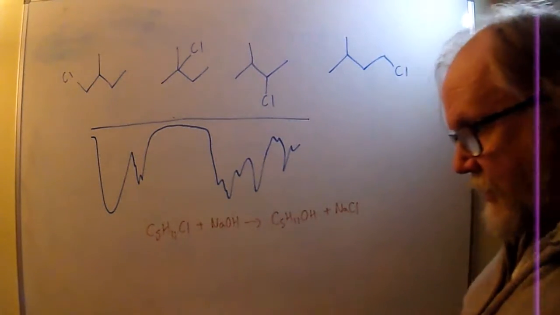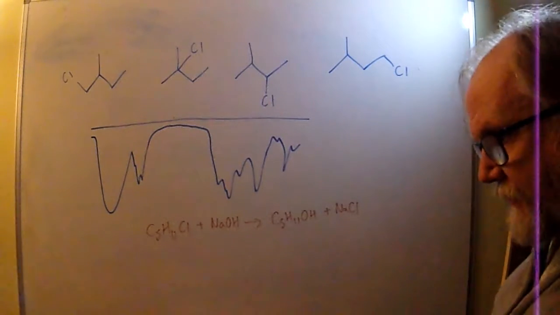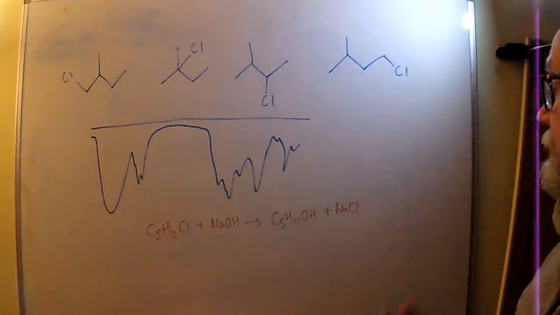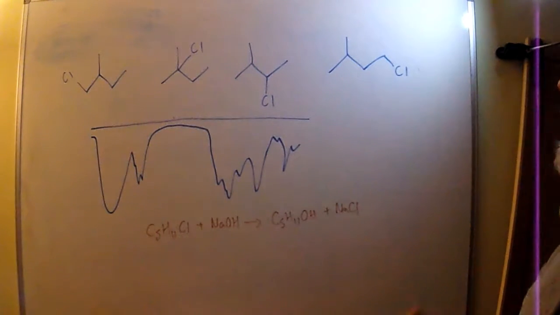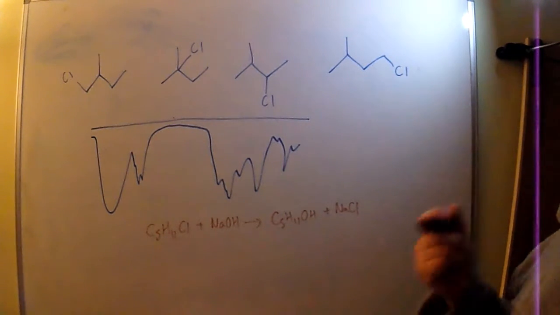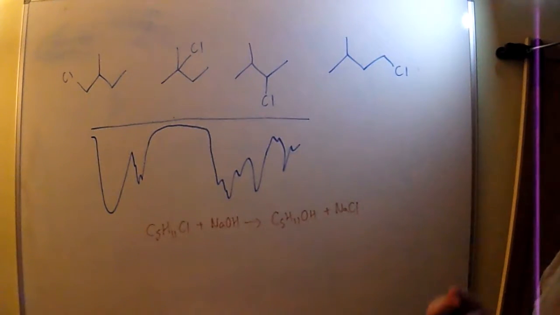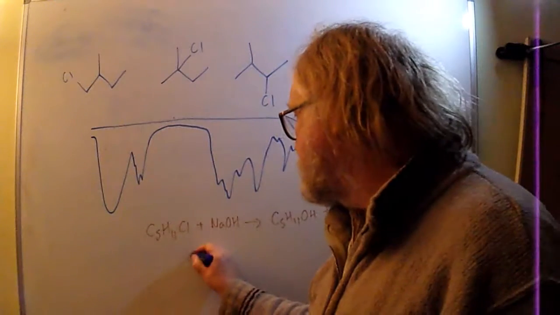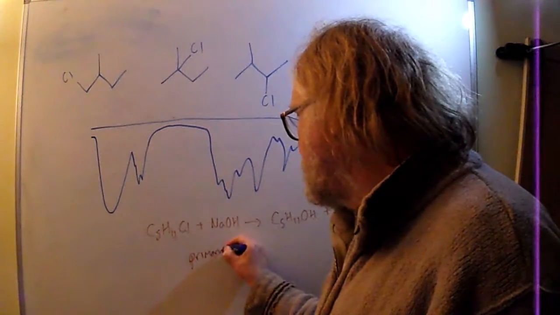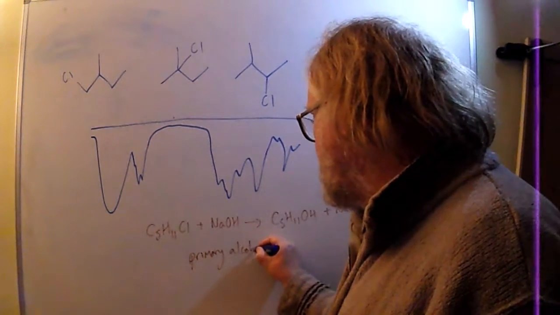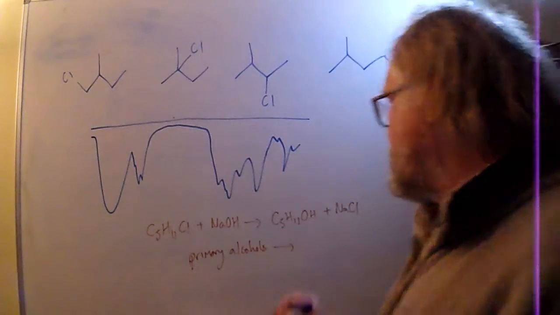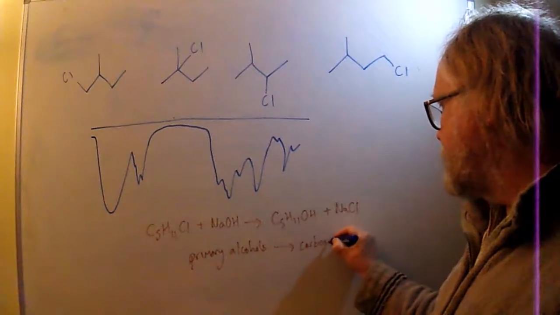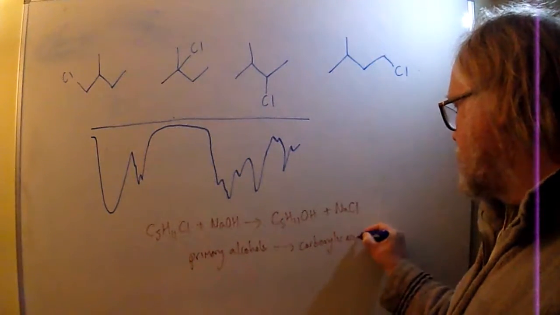So then, the product of those are refluxed with aqueous acidic potassium dichromate, and we know that that will oxidize primary and secondary alcohols. It would oxidize primary alcohols under reflux to make carboxylic acid. It goes first to an aldehyde, but under reflux you would oxidize further and get a carboxylic acid.